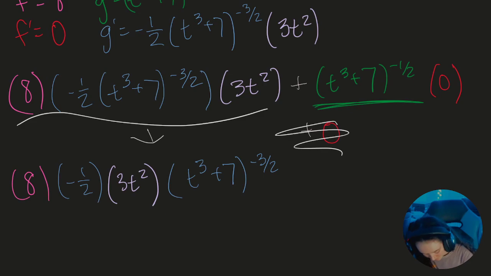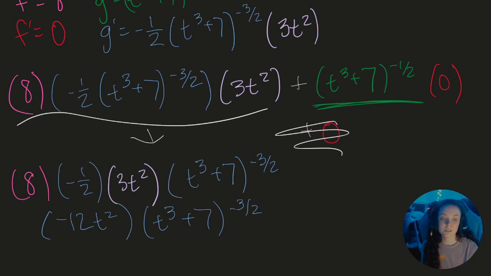Okay. So then we would say 8 times a -1/2, which just gives us -4. And a -4 times 3 is just going to give us -12t squared times t to the 3rd plus 7.